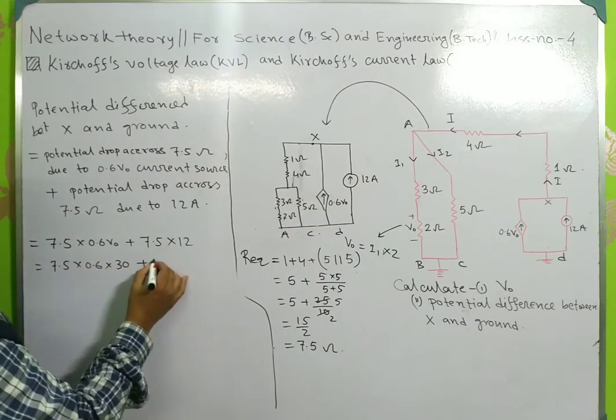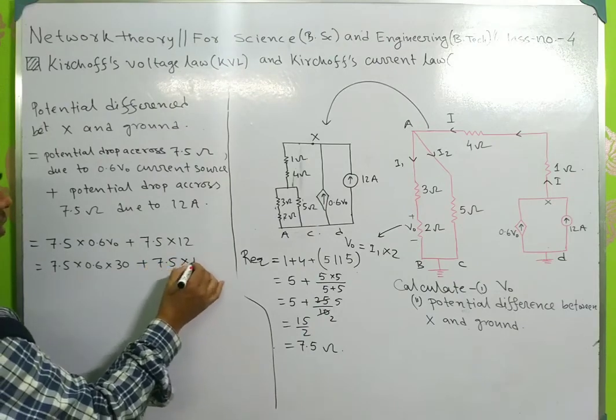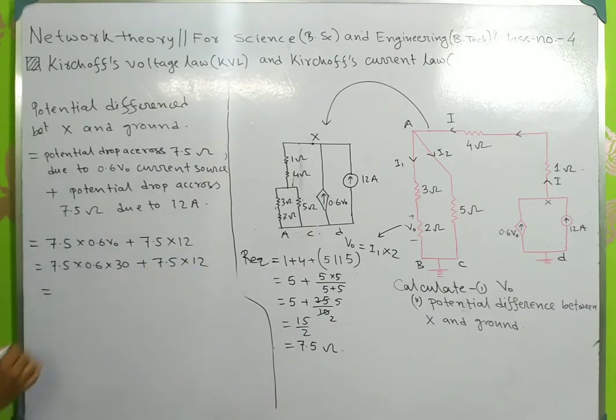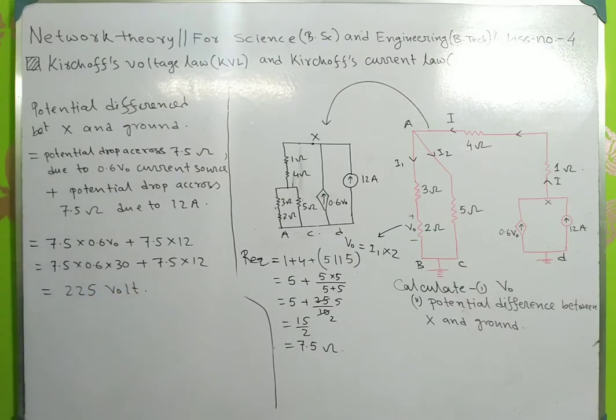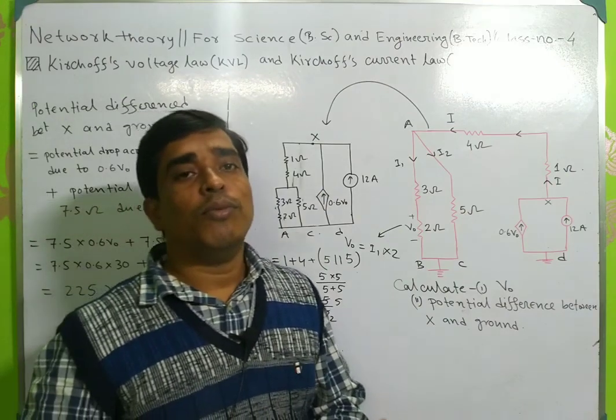Okay, so this is 7.5 into 12. If you calculate this value, it will be 225 volt. Okay, so the potential difference between these two nodes equals 225 volt.